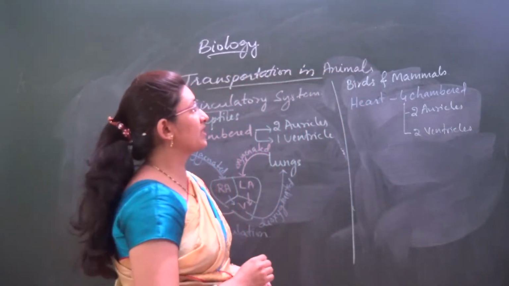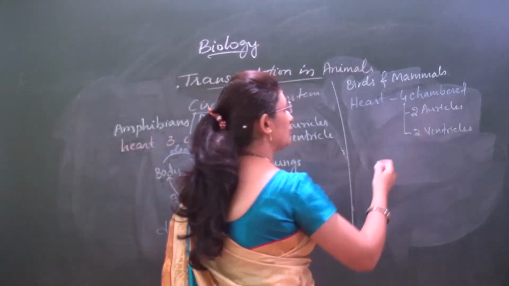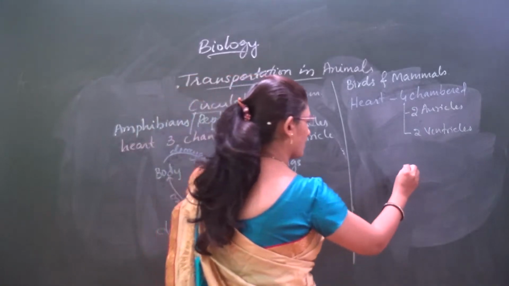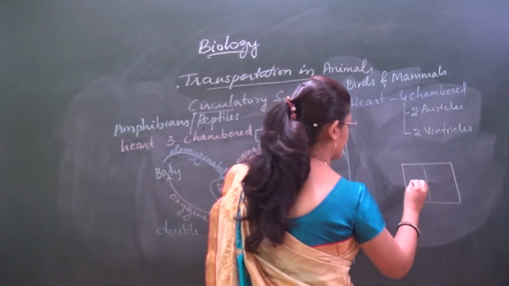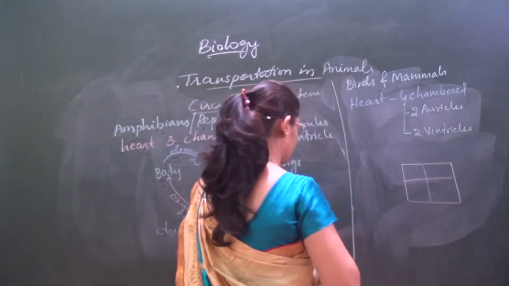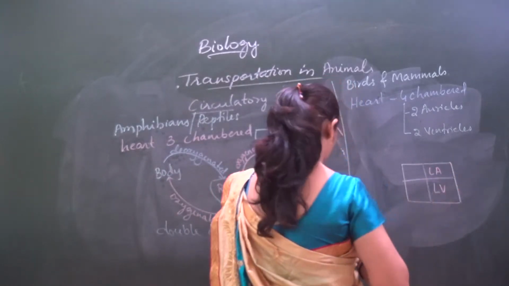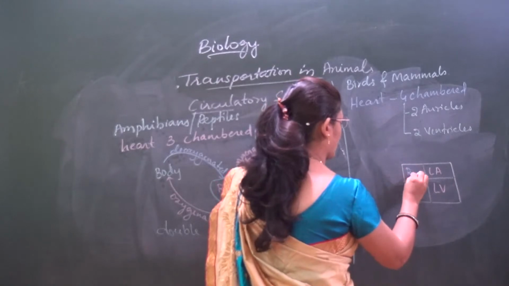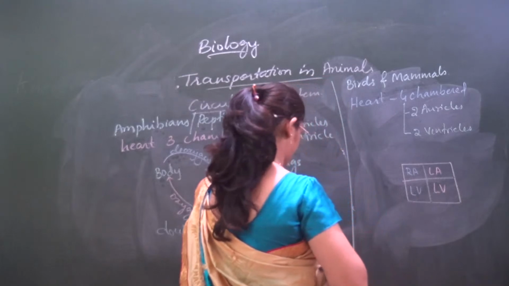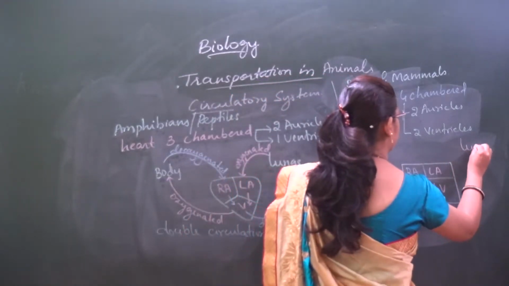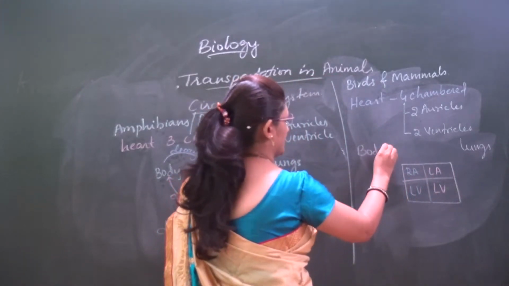The heart in birds and mammals is four-chambered, consisting of two auricles and two ventricles. Now, let us see how the process is carried out. Left auricle and left ventricle. The lungs and the body cells. Okay.